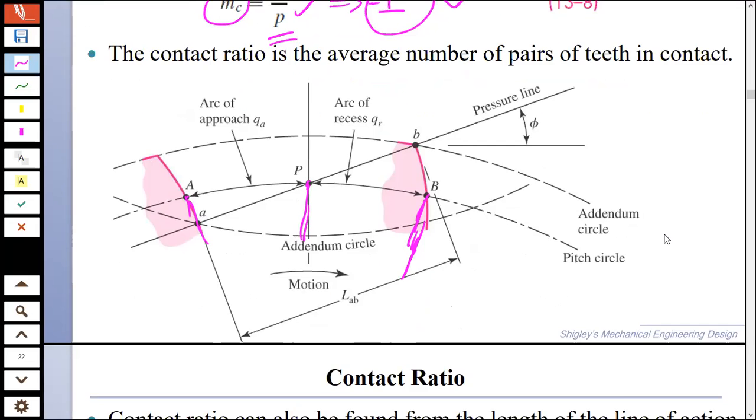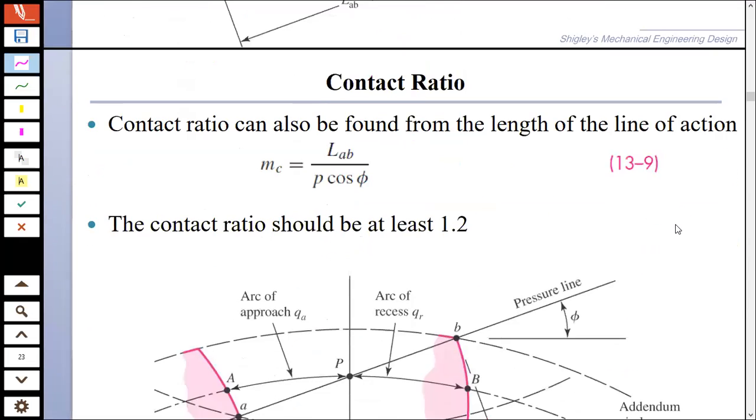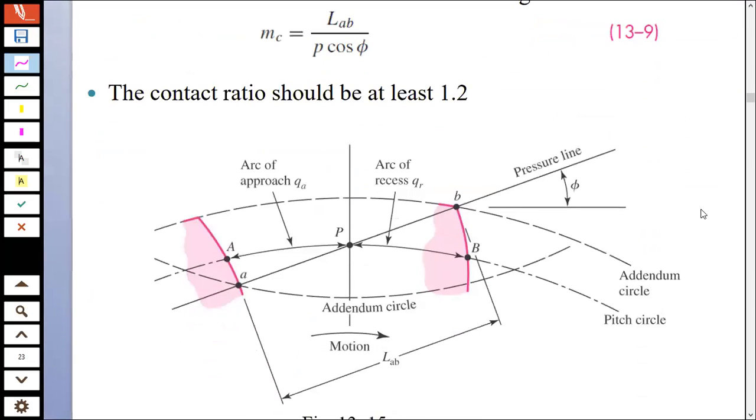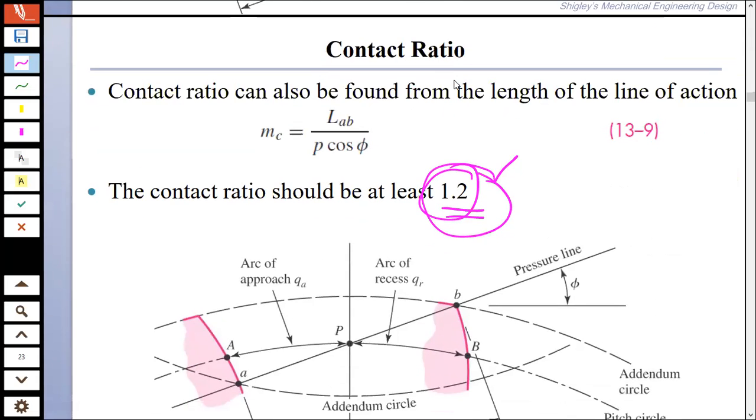Now, for a spur gear the contact ratio should be at least 1.2, so that you make sure that when one tooth is disengaging, another one is partially engaged. We can also express this ratio from the length of the line of action, which will be LAB.